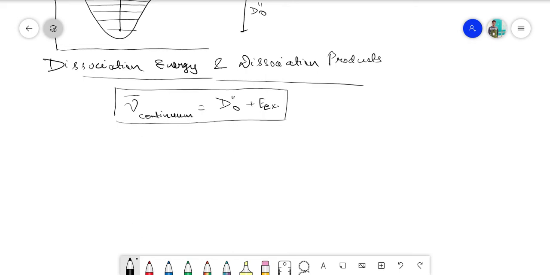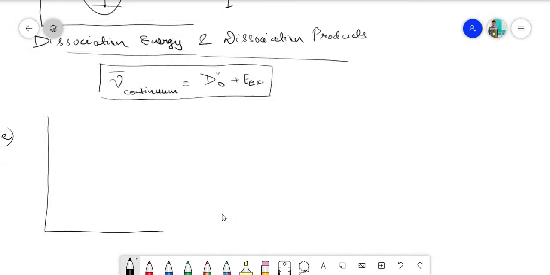Now, another case wherein the higher state is already continuous. That means the spectra would look something like this. So you have this, and for the higher excited state, you have something like this.